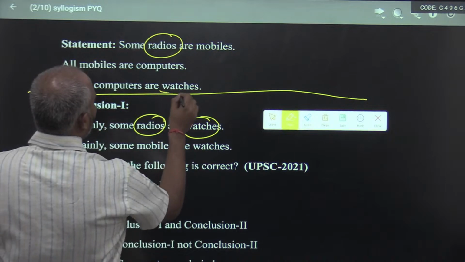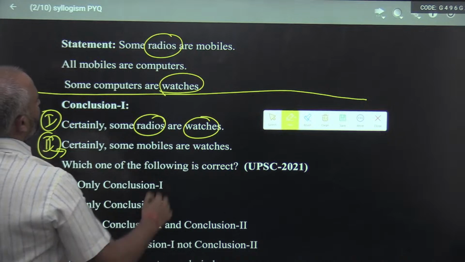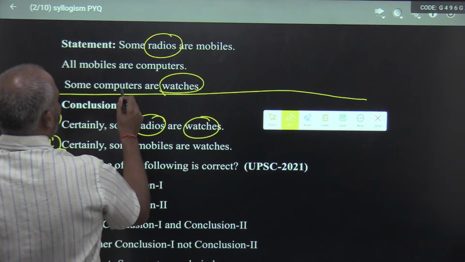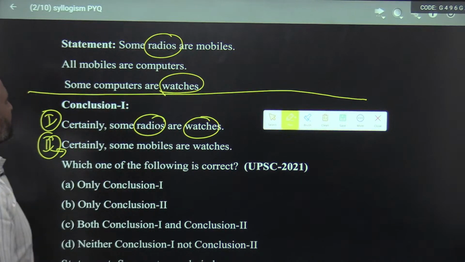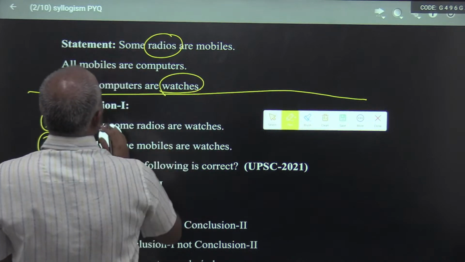I have a radio here and I have a watch here. Radio has a common element of mobile and watches has a common element of computer. So I need to link these with statement 2. Let's do that.